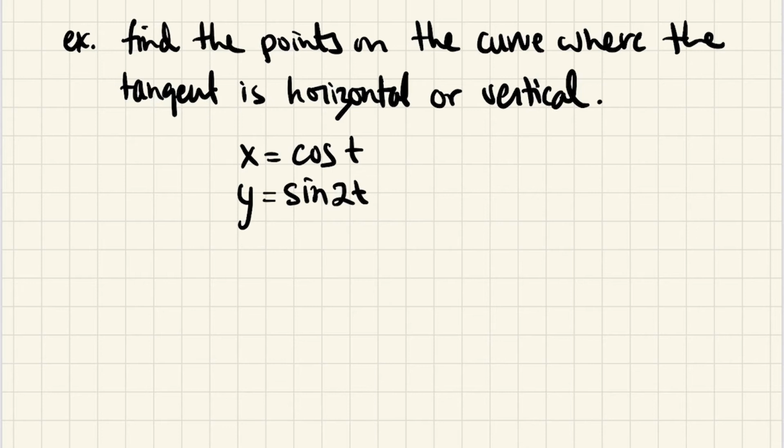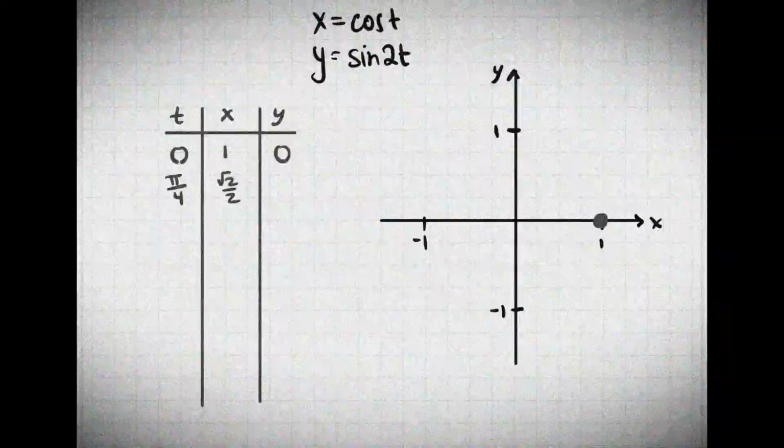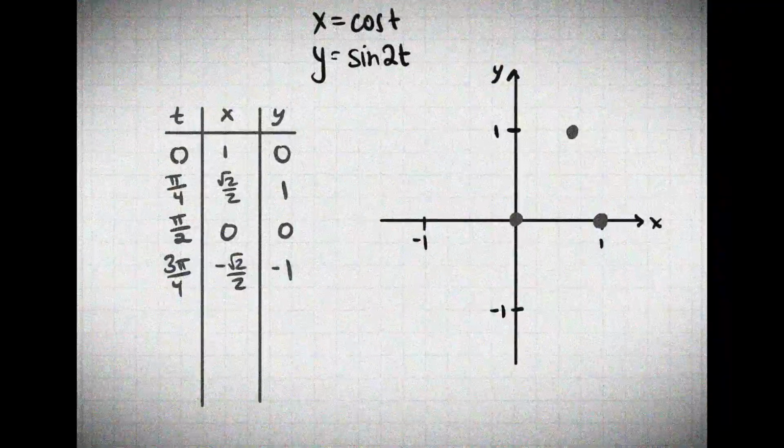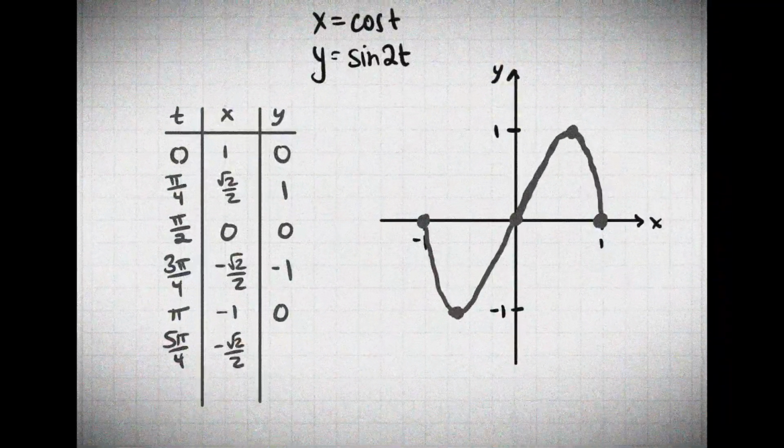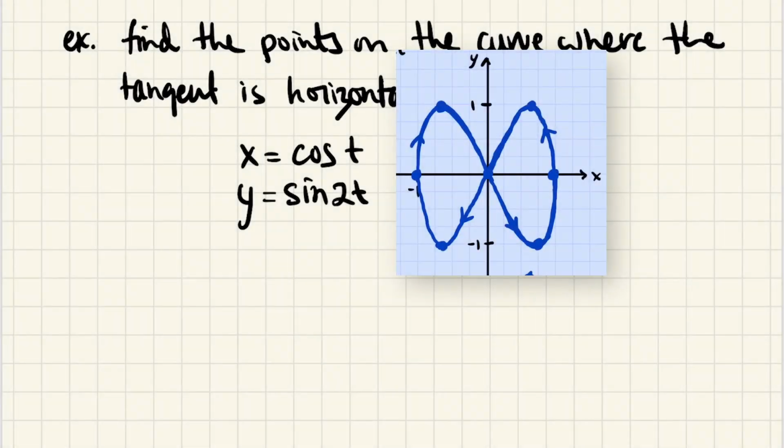Okay, so here we have a set of parametric equations, and we are asked to find the points on the curve where the tangent is either horizontal or vertical. Now, you may recognize this particular curve because we sketched it in our last lecture, and we got the lemniscate, which means visually we can sort of answer the question.